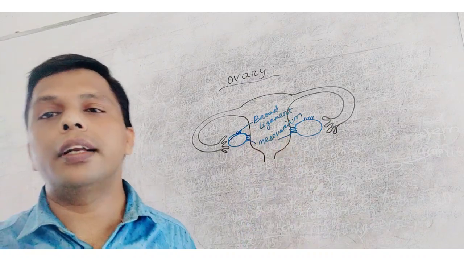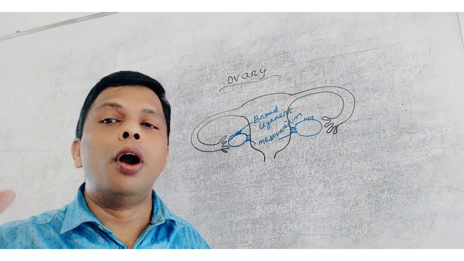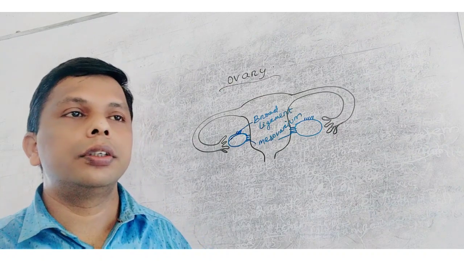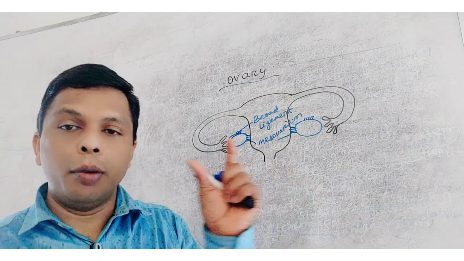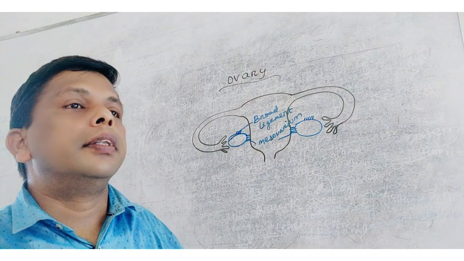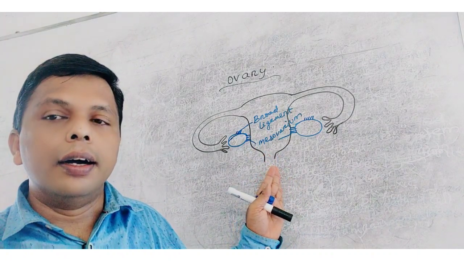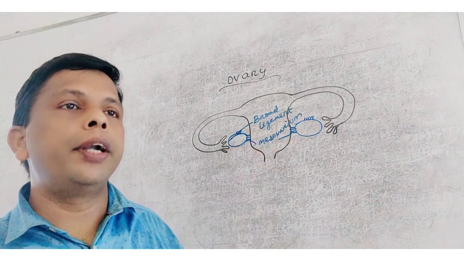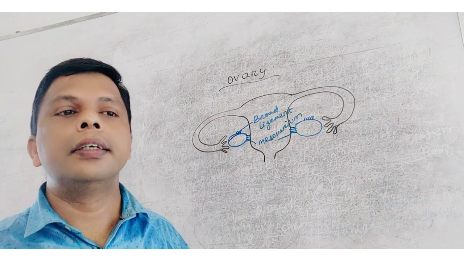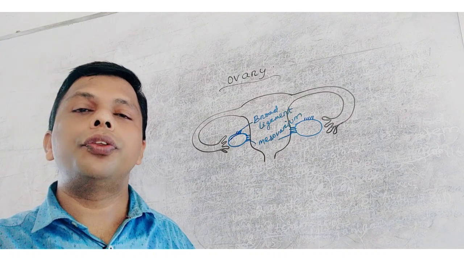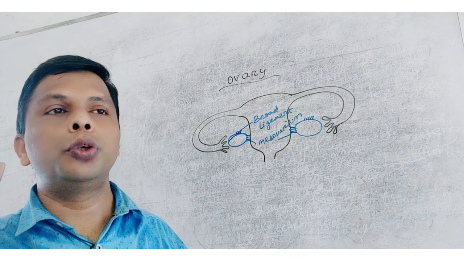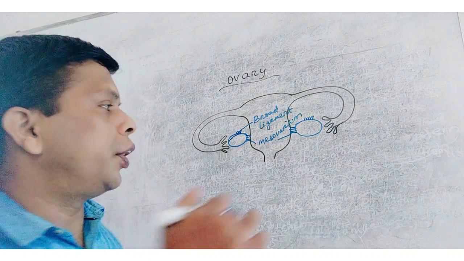These ovaries are almond shaped in structure. The measurement of the ovary is 2.5 to 5 centimeter in length.